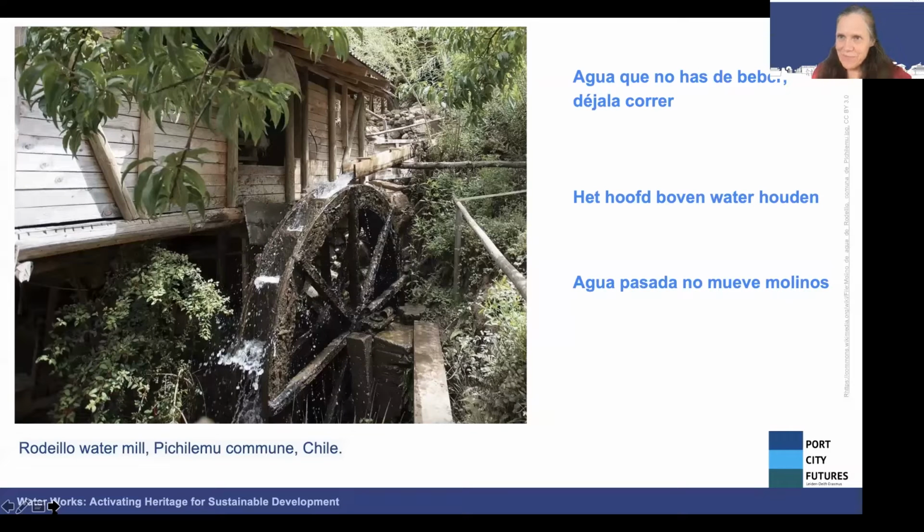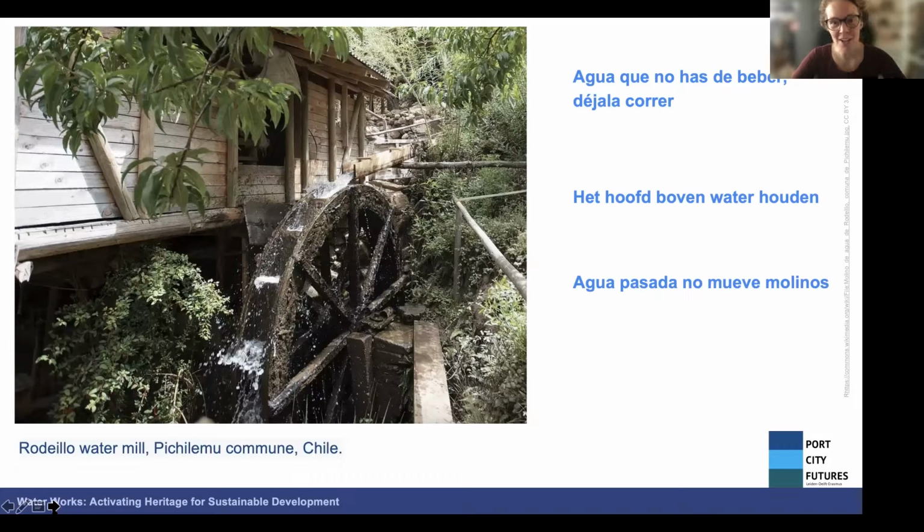Hilde. Yes, and we asked you to look for images and examples, idioms that show how water is interwoven with our daily lives in our culture.